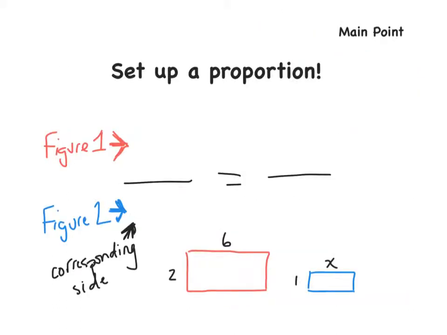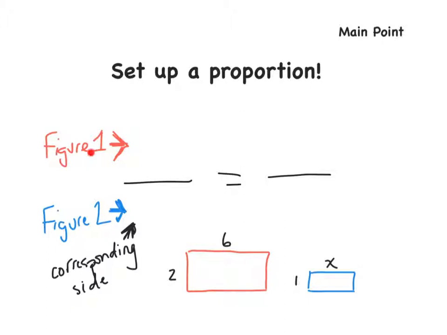So when you're working with similar figures, most of the time you're going to be trying to find a missing piece of information. When you're trying to do that, I highly recommend setting up a proportion. You need to be careful when you're setting up the proportion. Remember, we're going to create 2 fractions that are equal to each other.